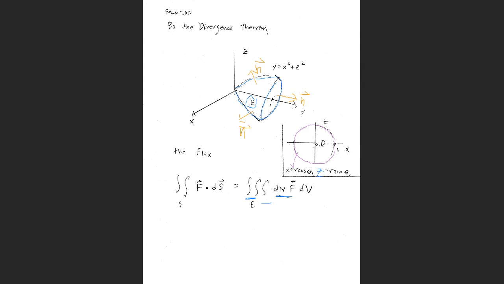So we're going to add the partial derivatives. We're going to find the partial derivative of the x component with respect to x, the partial derivative of the y component with respect to y, and the partial derivative of the z component with respect to z. So I'll show that on the next page. When you're ready, let me know.